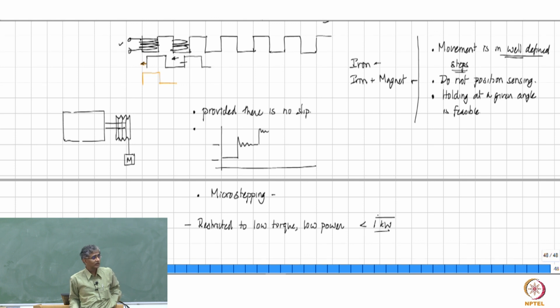Yes, so it is restricted by what the motor can do. That is what I said. What the motor is designed to operate. Well, it's not just one place like this. If you really look at the motor design, if you say one phase you are energizing, this will not mean just one single tooth.